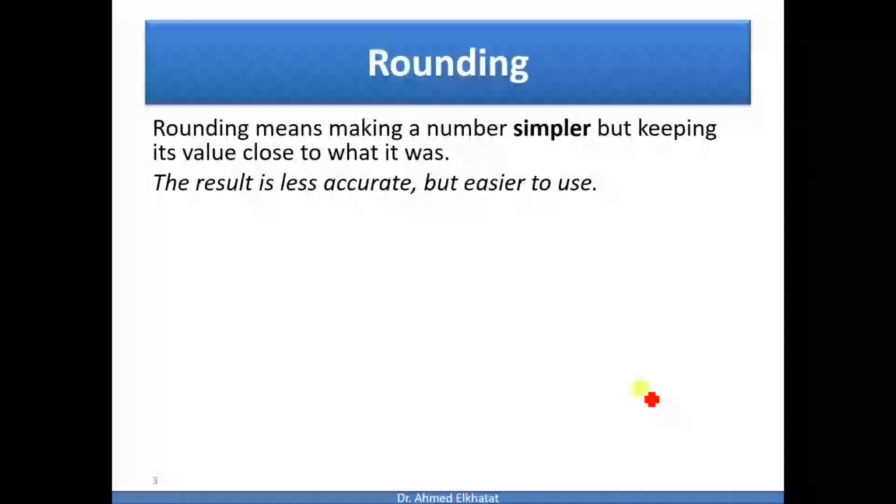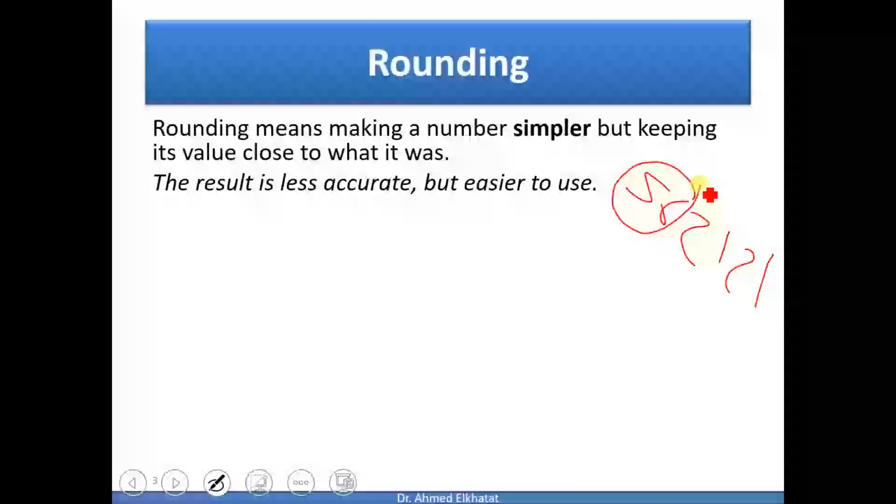For example, if you have a larger number of 5 digits, for example 56212, but you want to make this number simpler, you just want to keep it as 56000. This means rounding: it looks easier, but it's less accurate.